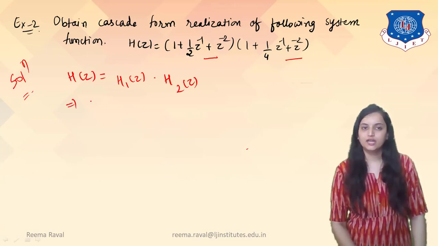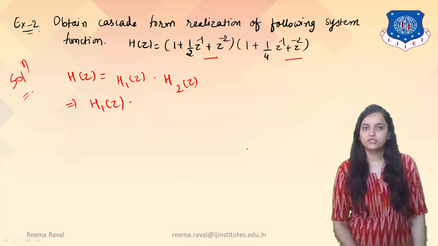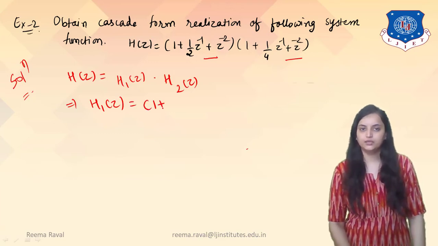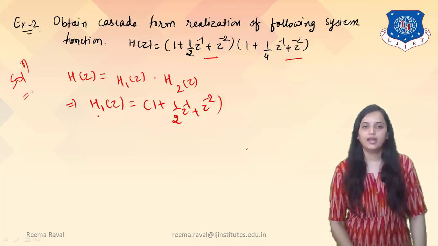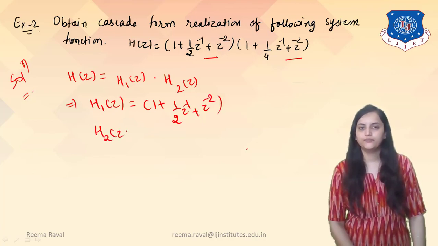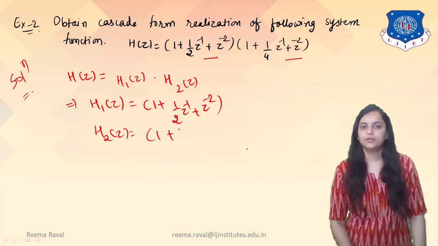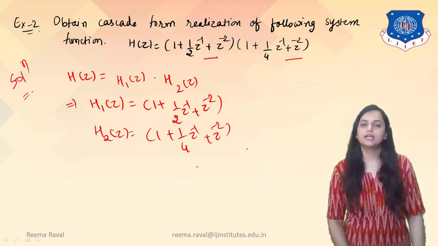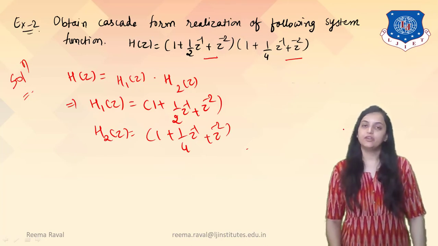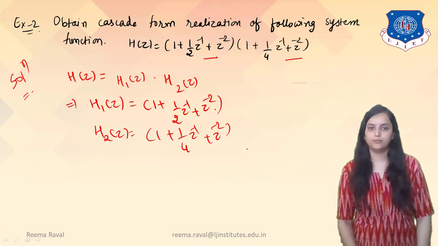Here H1 of z is the first term, that is 1 plus 1 by 2 z inverse plus z raised to minus 2, and H2 of z will be 1 plus 1 by 4 z inverse plus z raised to minus 2. Now we are using the cascaded realization the same way we have seen for the previous example.